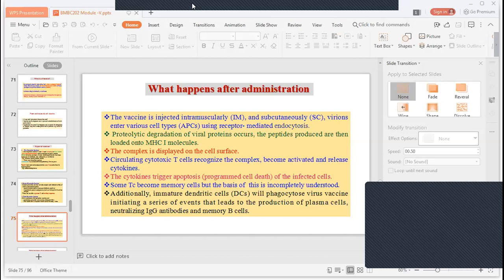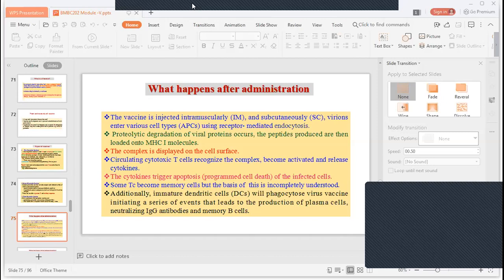Then there will be proteolytic degradation, meaning within the endosome or the lysosome, in the acidic environment, there will be acid hydrolysis of the viral protein.